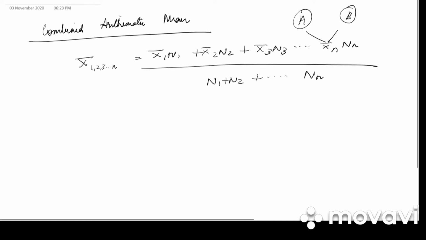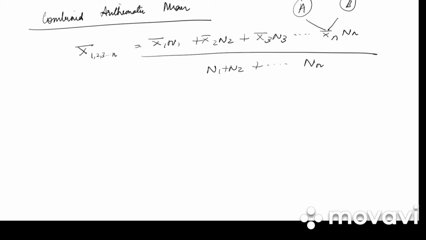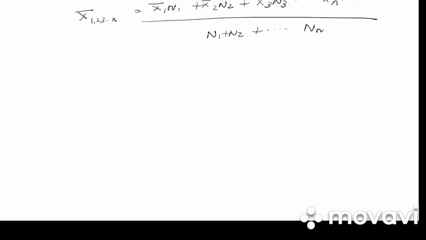Clear? So when they have given us 2 or more groups, then we will be using this formula. So let us take an illustration so that you could understand this formula much better.